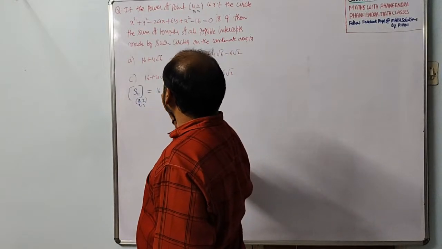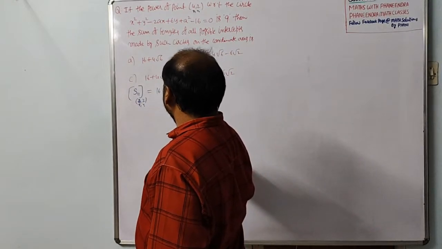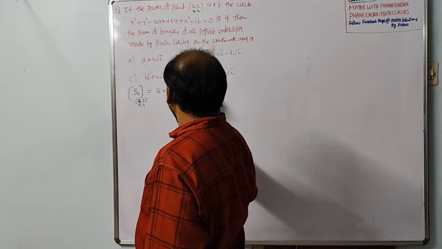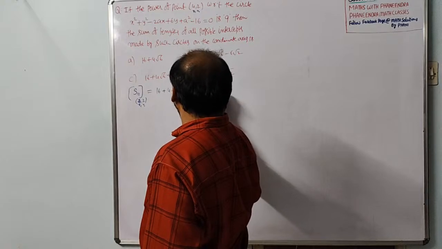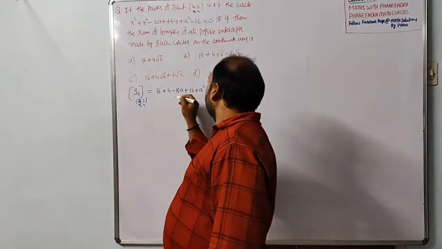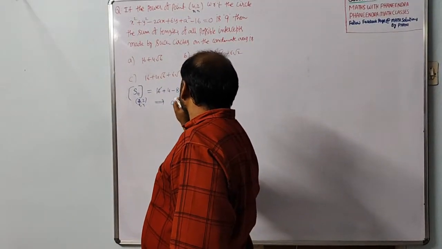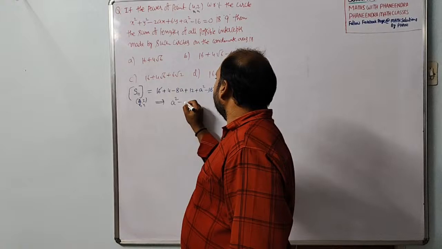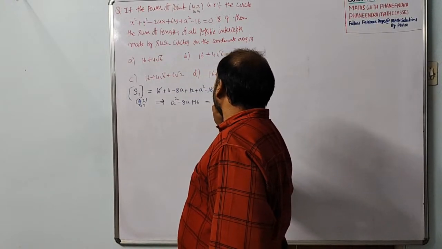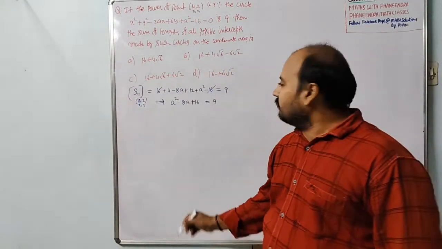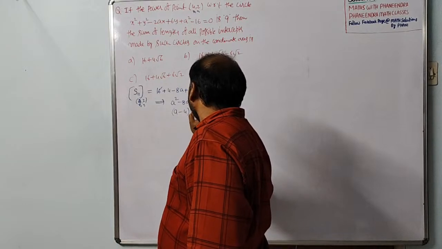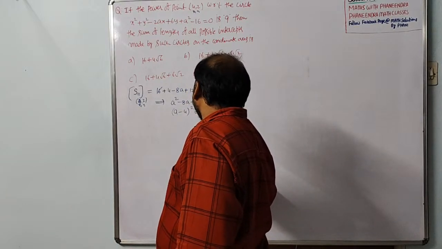So 16 plus 4 minus 8a plus 12 plus a square minus 16 is equal to 9. Okay, dear students. That implies a square minus 8a plus 16 is equal to 9. Are you all with me? Yes. So can I write this as a minus 4 whole square is equal to 9.